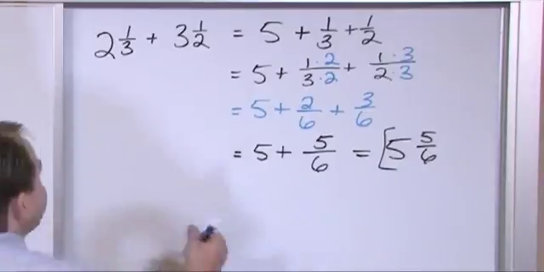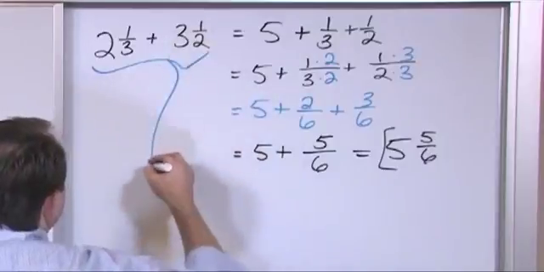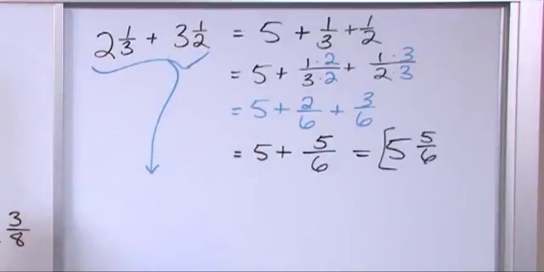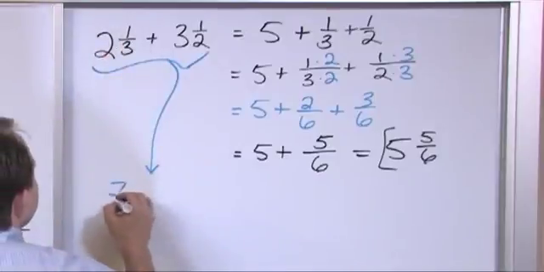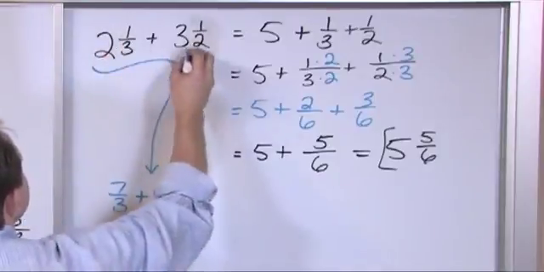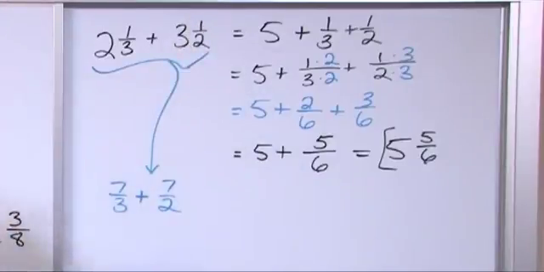So what we can do is actually forget about all this as a separate way to do this, and let's convert this to an improper fraction. 2 times 3 is 6, plus 1 is 7/3, plus 3 times 2 is 6, plus 1 is 7/2. And so now we have 7/3 plus 7/2.